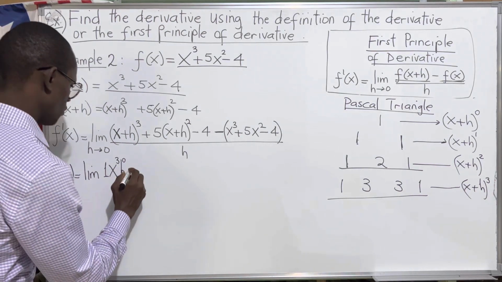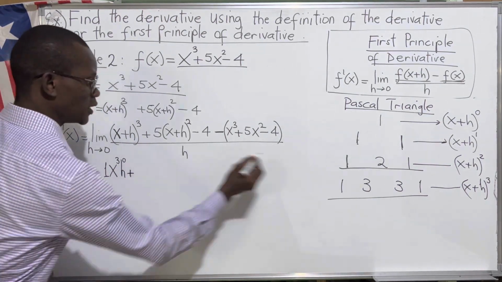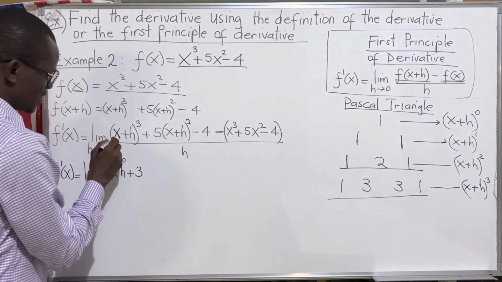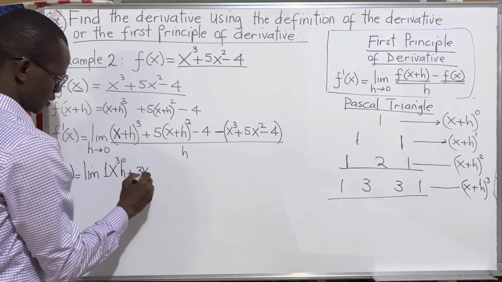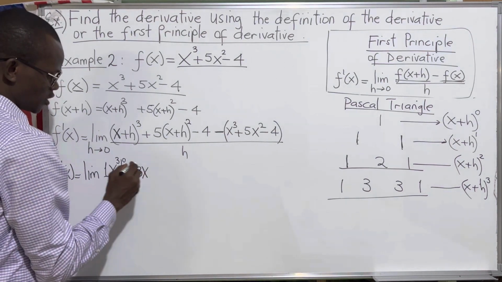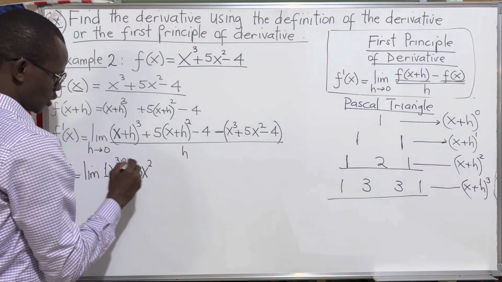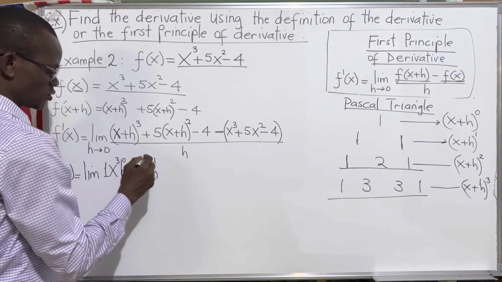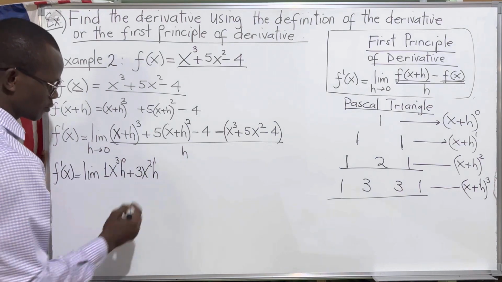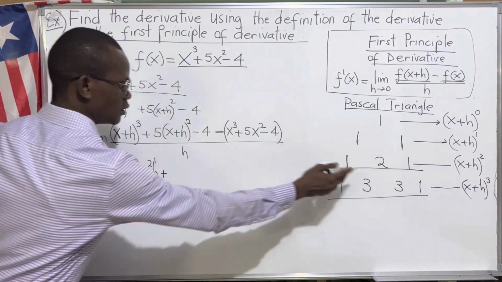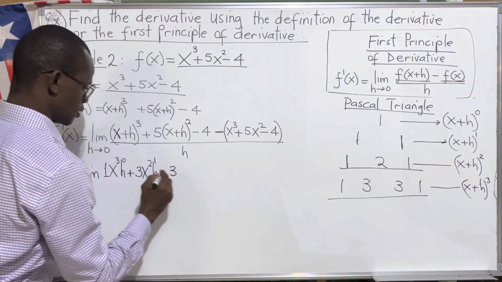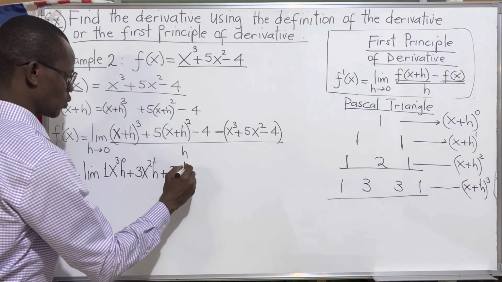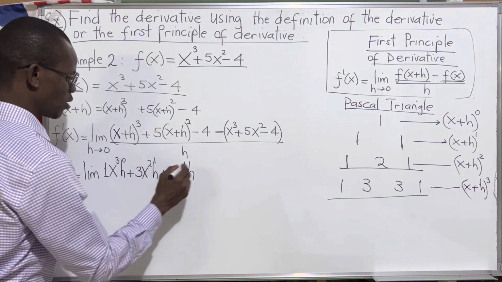Then we move on to the next term, 3. We come back here, x. We drop the power to 2, and then we increase the next term's power, h, to the first power. So that's a technique. Plus 3, we drop this x power by 1, it goes to 1, and we increase this one by 1, it goes to 2.